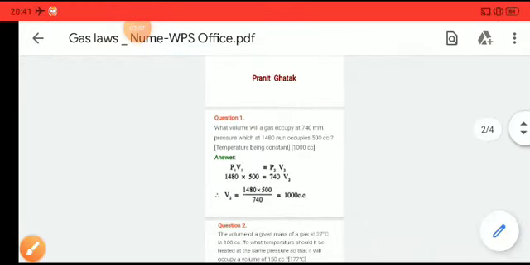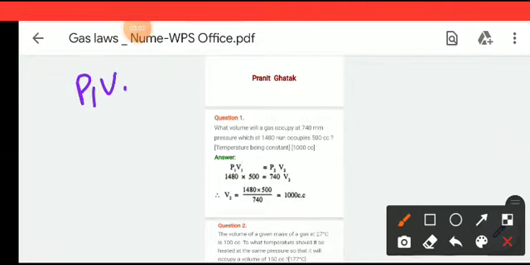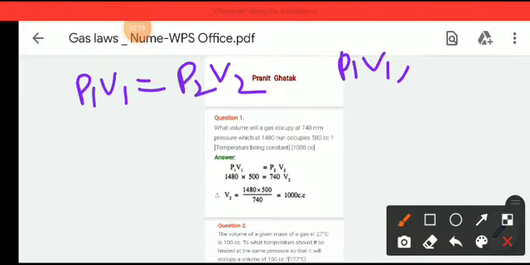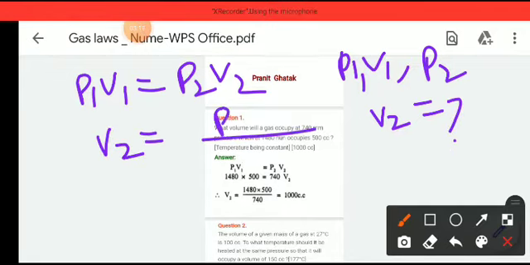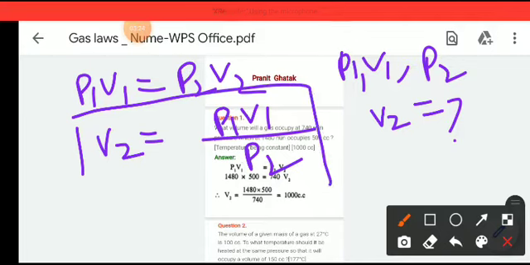We have already found that P1 V1 is equal to P2 V2. This is the equation of Boyle's law, and we already know P1, V1 and P2. So we need to find V2. So what do we need to do? V2 is P1 V1 by P2. So this is the actual equation.